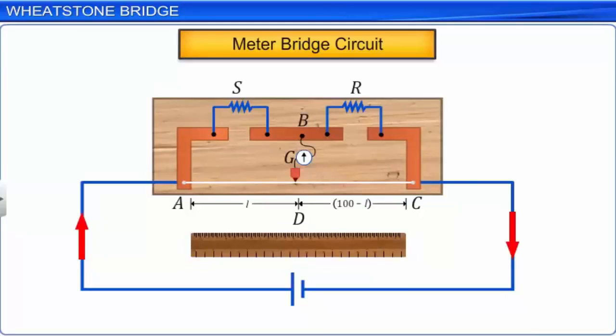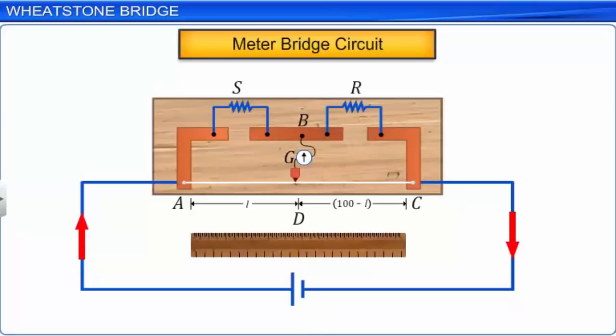There are 2 gaps, one on the left and the other on the right. In the horizontal part of the metallic strip, 2 resistors, one of which is known and the other unknown, are attached.